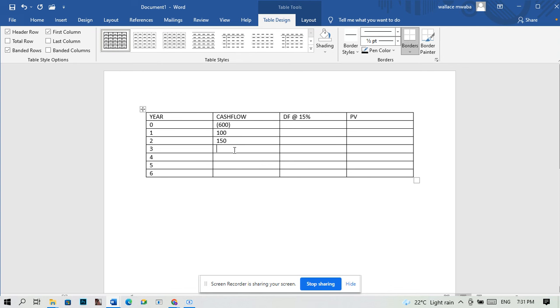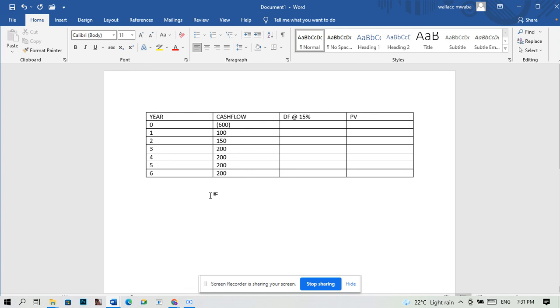At the end of year three, 200. End of year four, 200. End of year five, 200. End of year six, 200.